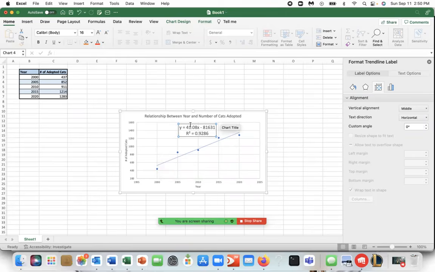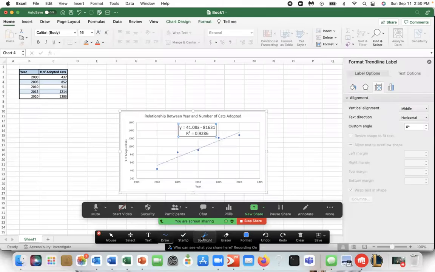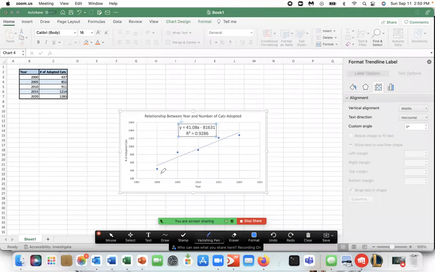If you remember y equals mx plus b, that familiar equation, that is what is describing our line. So we have our y, which is this axis here, equal to some slope. So that m, from that equation y equals mx plus b, is this 41.